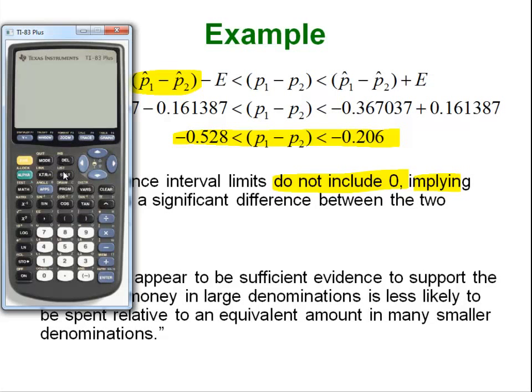If we want to do this in the calculator, it's very simple. You go over to tests, and we're doing a test of 2 proportions, right? 2 proportion z-test. Here's the number of successes from the first group and its sample size. Here's the number of successes and sample size for the second group. We're testing that group 1 proportion is less than group 2.